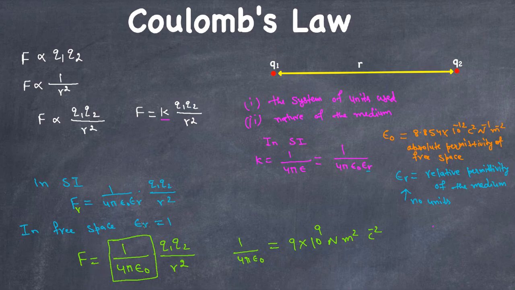So if we compare or divide these two, let's say this is equation 1 and this is equation 2, that gives us the value of epsilon r, which is going to be the force in free space between those two charges over the force in a medium between those two charges. So we can find the value of epsilon r.